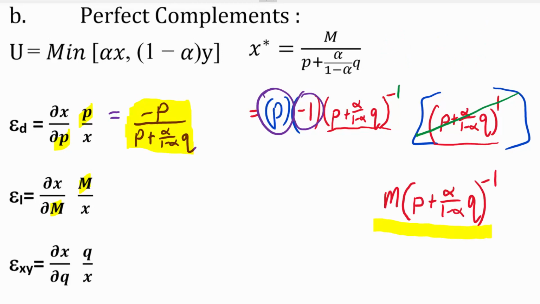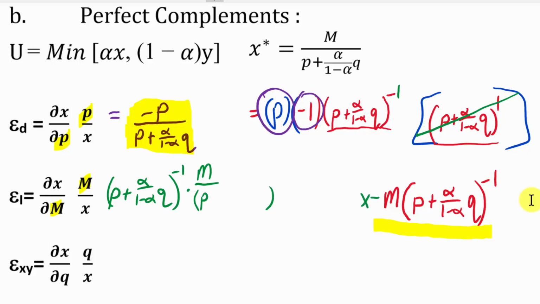If we take the derivative of that with respect to m, we can clearly see what we're going to have left is just this term here, p plus alpha over 1 minus alpha q to the minus 1 power. But then we have to multiply that times m over x. All right, so what we're going to do is rewrite, right?